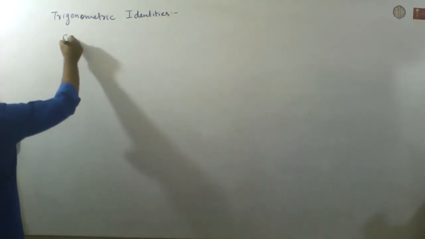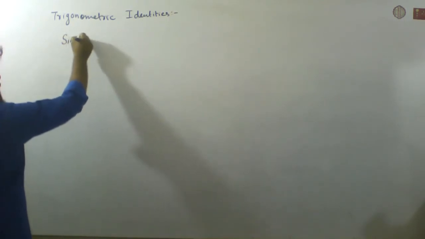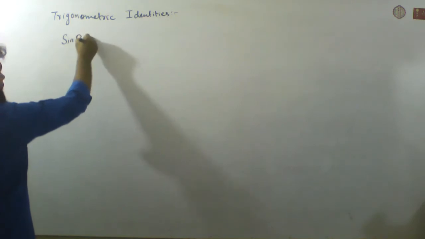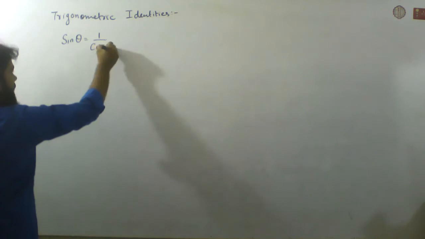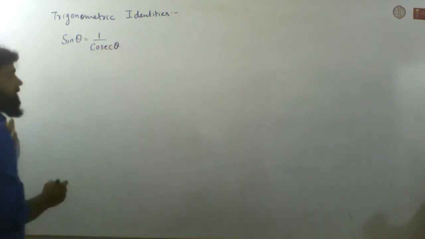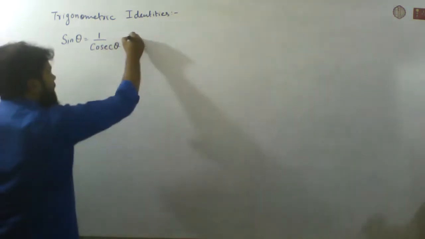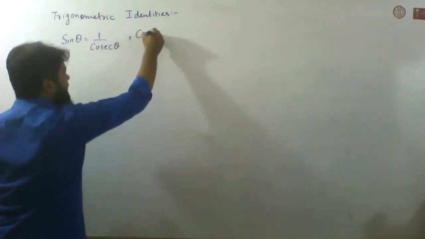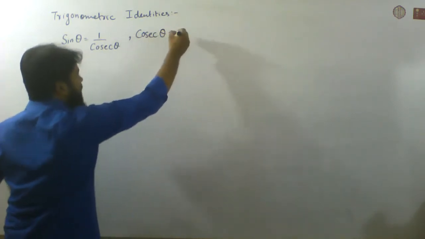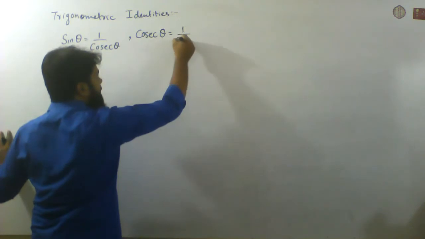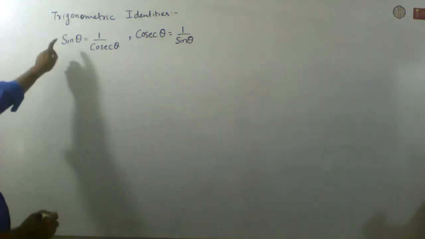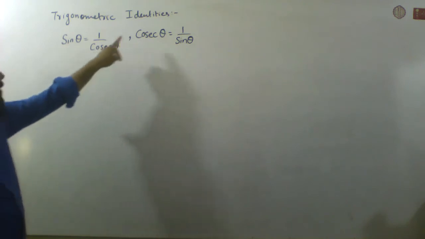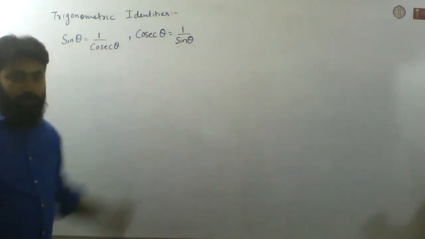First thing, sine theta is equal to 1 over cosec theta, or cosec theta equals 1 over sine theta. Okay, each is the reciprocal of the other.